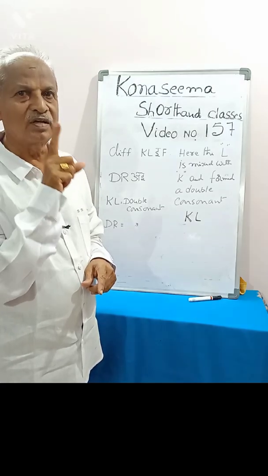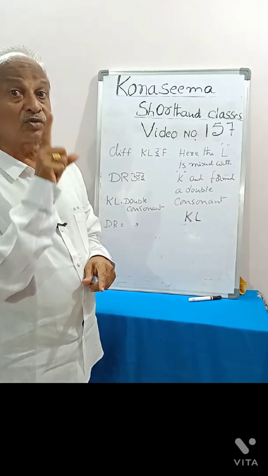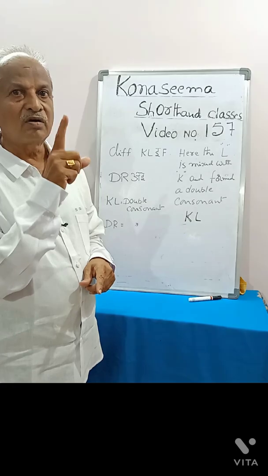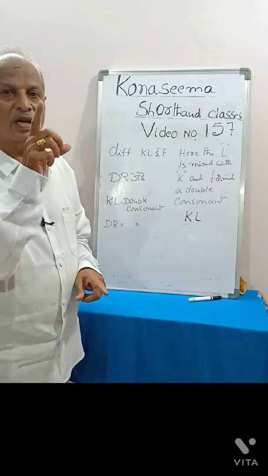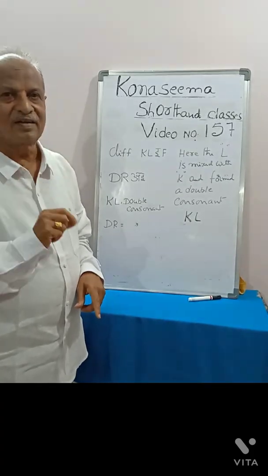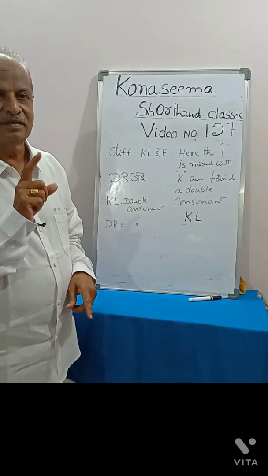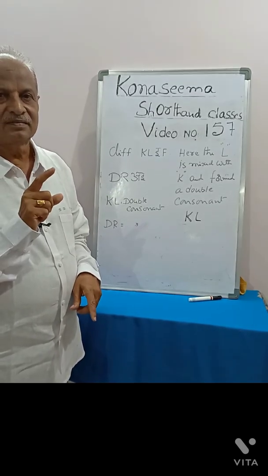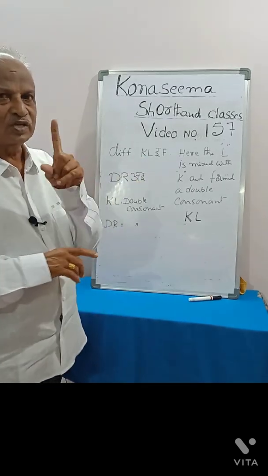There is no diversion. If the voice goes straight without any diversion, it is called a syllable. Kal, dar, par, bar, tar, tal, gal, bal. These are all double consonants and also single syllables.